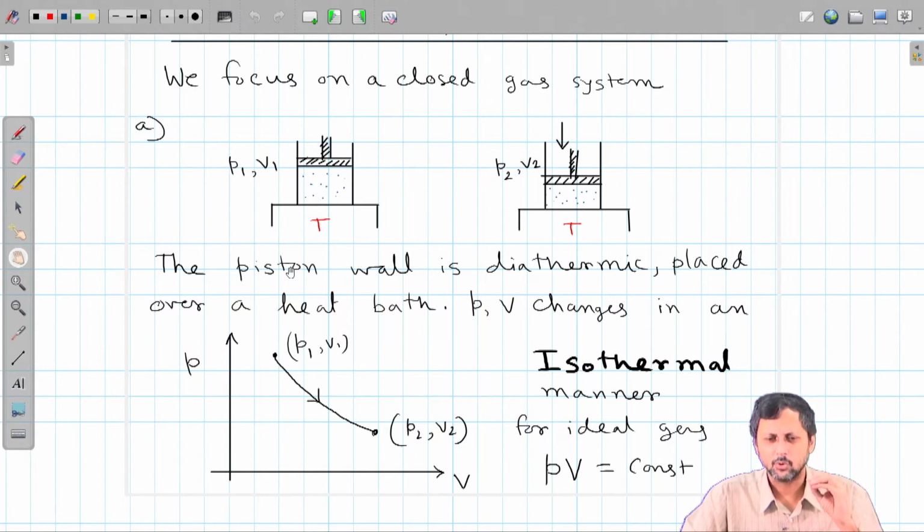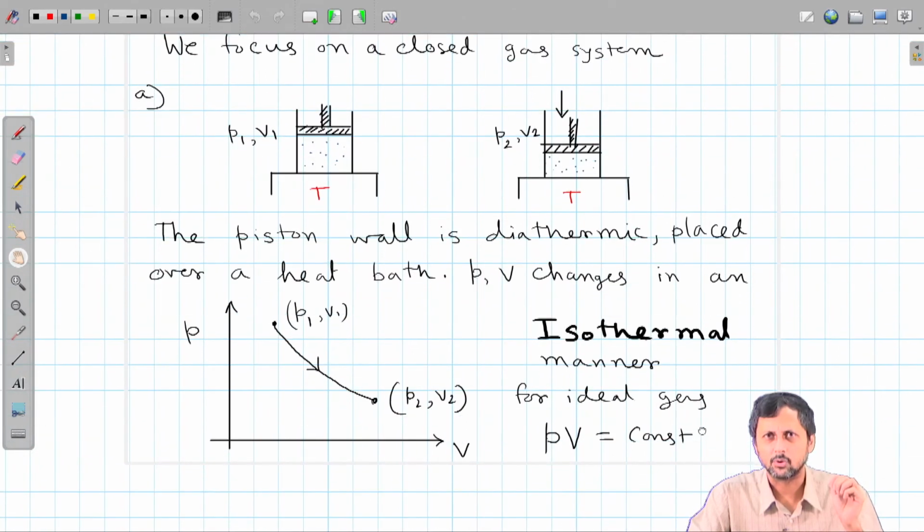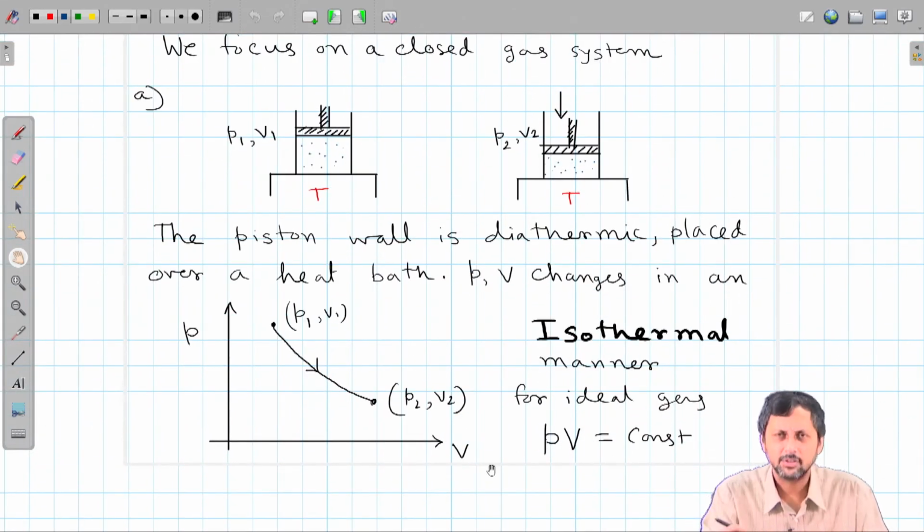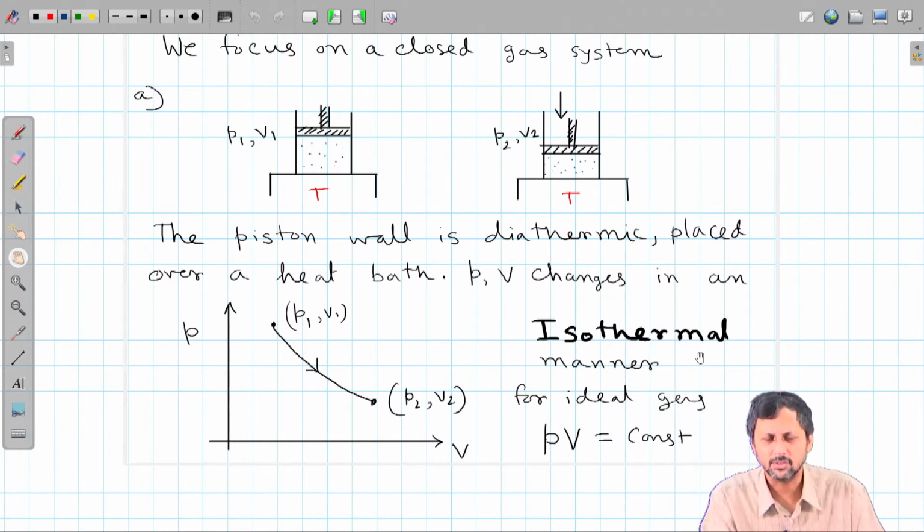If the process is slow enough, then we will have intermittent equilibrium and the temperature of this gas assembly will not change. Then we know that for an ideal gas, we will have PV equal to constant, and this process is called an isothermal process, and we can draw an isotherm in the PV diagram.